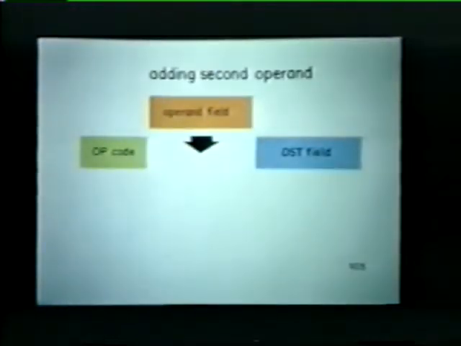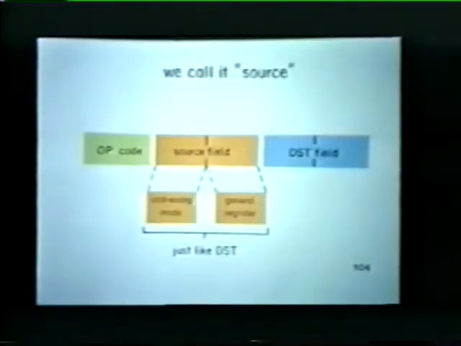With double operand instructions, we essentially add a second operand field to the instruction word. We call this second field the source field. Notice that this source field is also further divided into an addressing mode and the general purpose register, and therefore is identical in format to the destination field.